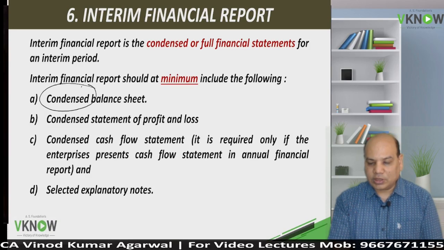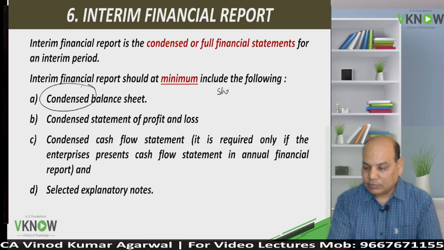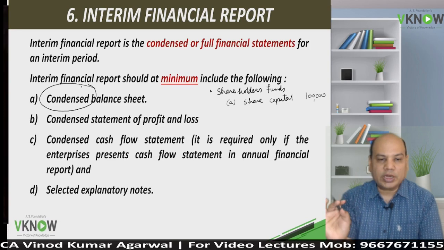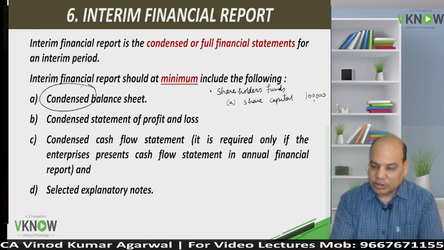So what do you mean by condensed balance sheet? I will give less information. For example, I will write the same headings which are used in the annual report: shareholders' fund, share capital, and I will write the amount, whatever amount that is, 1 lakh, without writing too much detail about it.